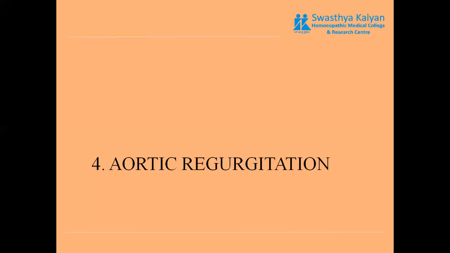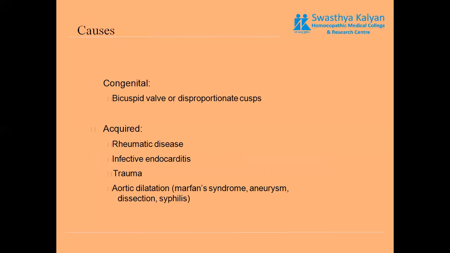Let us see the causes of aortic regurgitation. Again, they can be of congenital and acquired type. The congenital one is the one having malformation during their embryonic life.